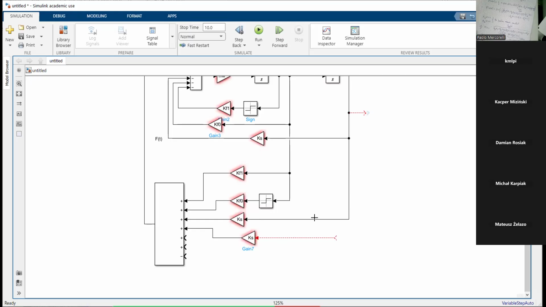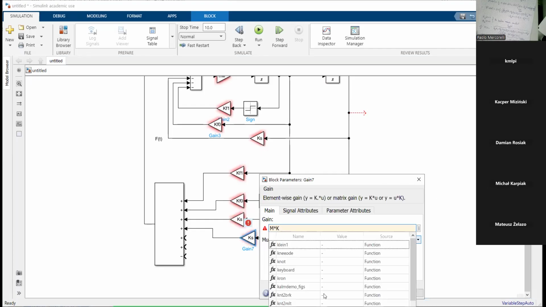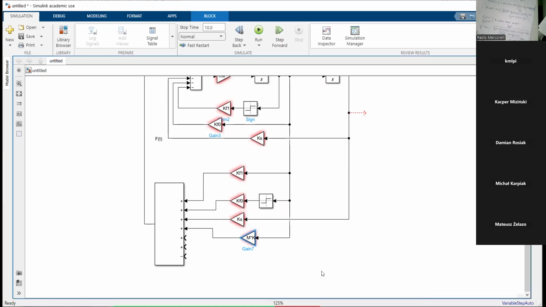Multiply x2. This means inside I have to write m multiply k. Then we have m multiply x1 desired, twice derivative.